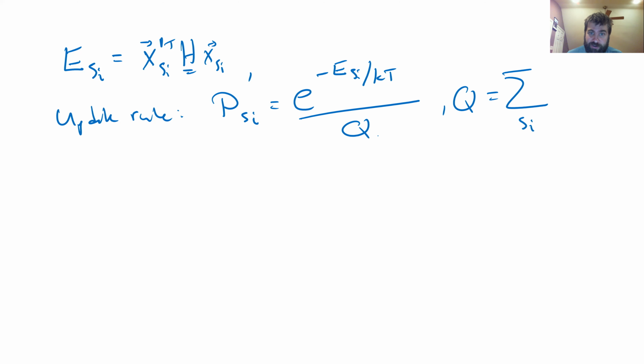Actually, let me call this Q_i to be clear. Q_i is the sum over Si equals 1 to M_i of e to the negative E_Si over kT.